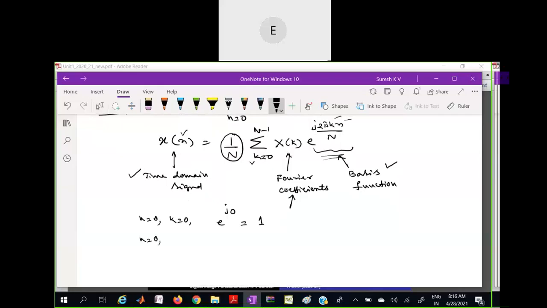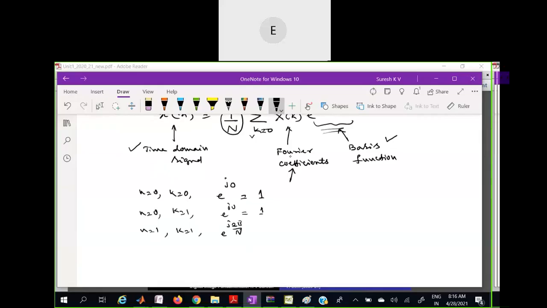If n is 0 and k is 1, it is again 1. If n is 1 and k is 1, it will be e to the power of j 2 pi by N. Assume a 4-point DFT, that means N equal to 4. Then this will be e to the power of j 2 pi by 4, which is e to the power of j pi by 2. So this will be the basis function.